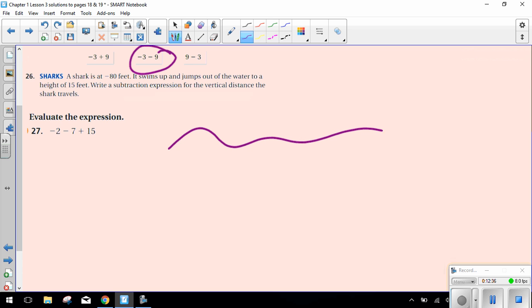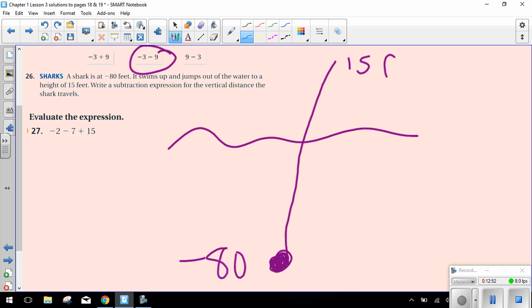So, here's the ocean. The shark is down here. There's my shark. It's as good as I can draw. That's negative 80 feet. And what the shark does is it swims up and jumps out of the water to a height of 15 feet out of the water. So this is where the shark ends before it flops back into the water. So the question is, what is this distance?